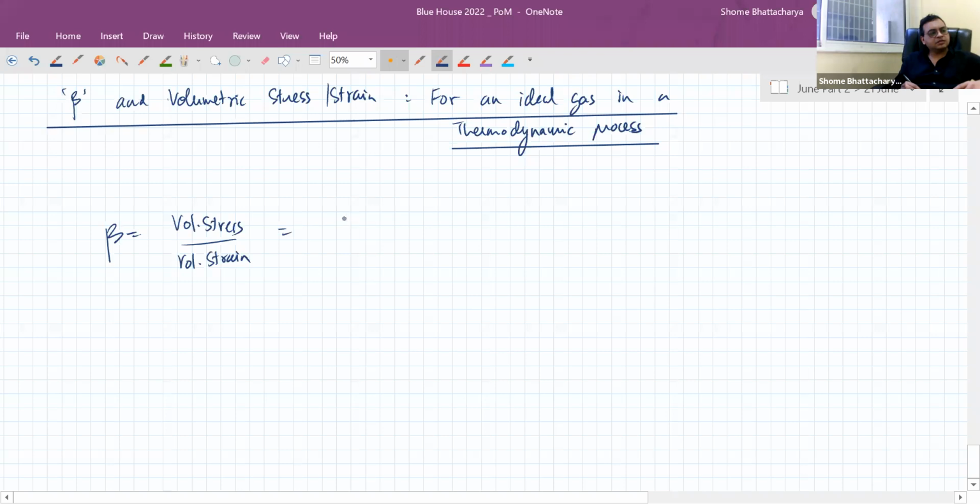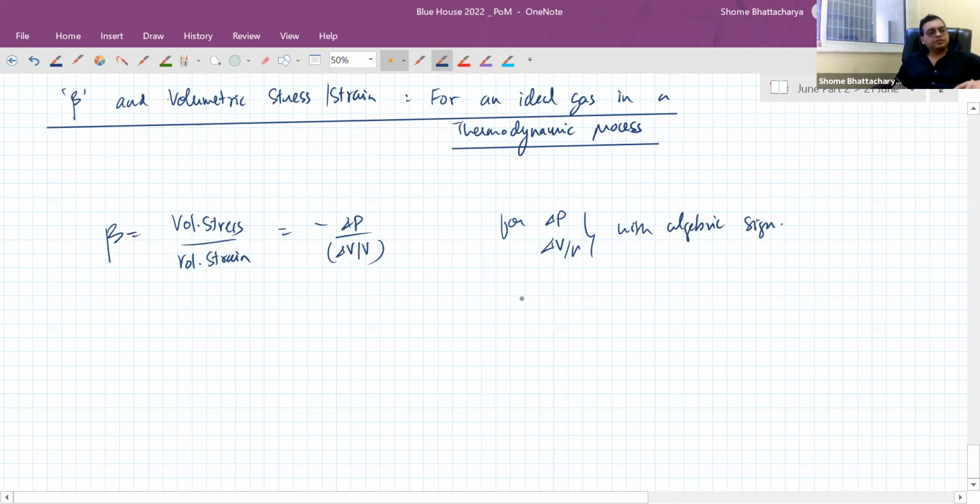That becomes negative of delta P divided by delta V by V. This is when we consider the volume stress and the volume strain with algebraic sign.